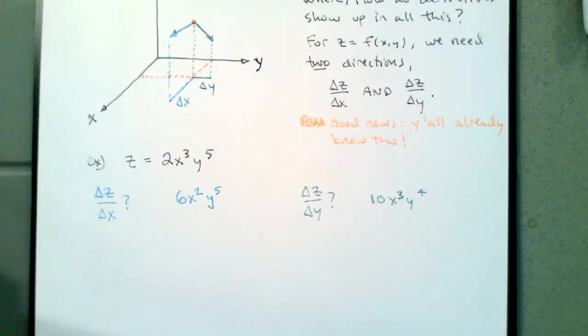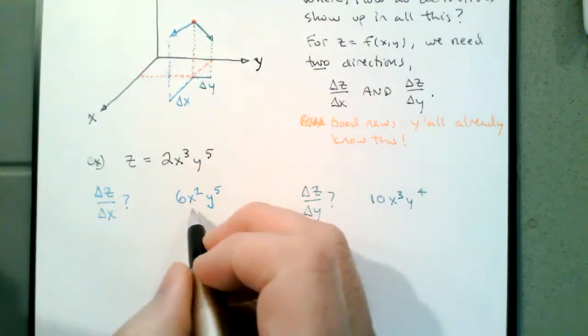In this case, we don't need the product rule because x and y are not separate functions of a common variable. We need the product rule when you have a function of x multiplied by another function of x. Here, x and y are both the variables. So this first one is the partial derivative of z with respect to x.